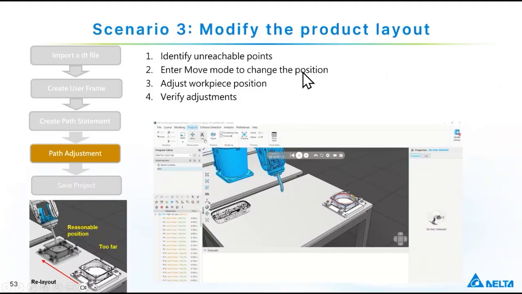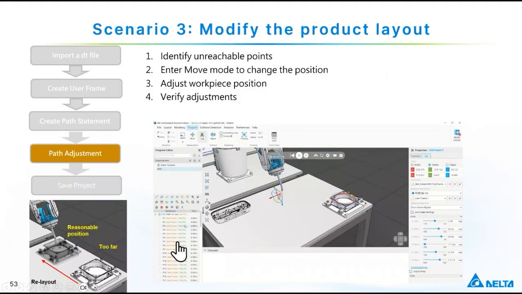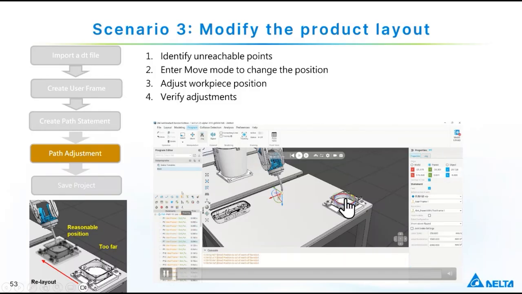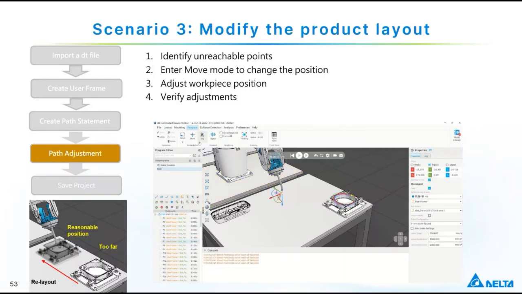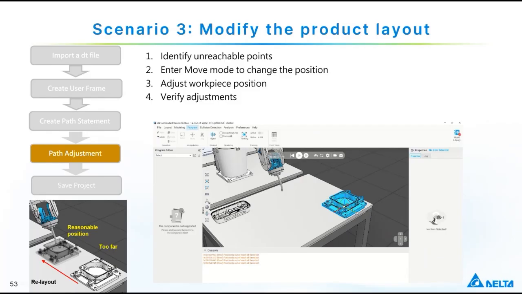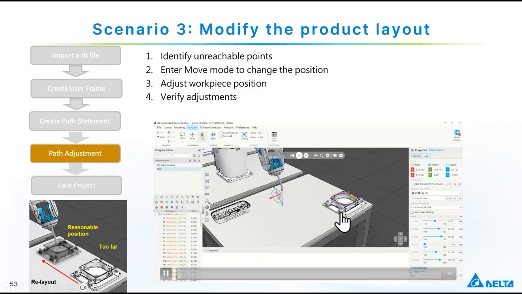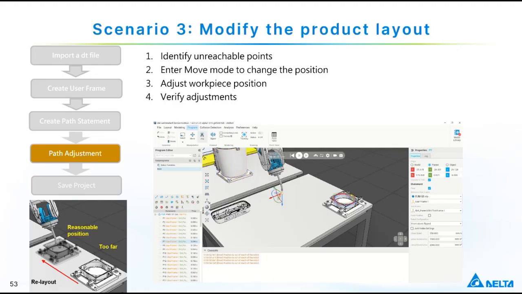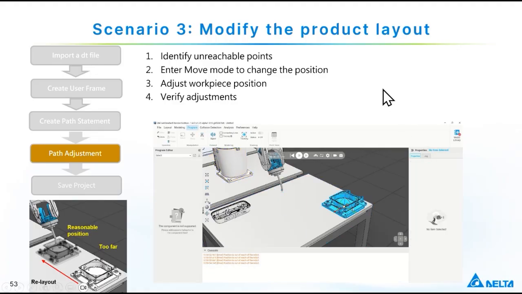Okay, the third scenario is if we put the product too far away from the robot, we can directly modify the position of the product, and we don't have to reprogram again. The process should work well after we move the product.